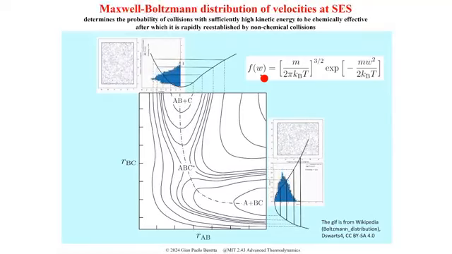So it is the distribution that maximizes the entropy given certain constraints. And so that means that these molecules do not all have the same velocity.